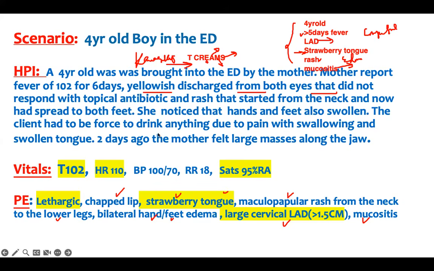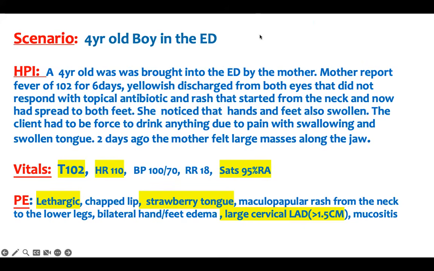That's why the kid has to be forced, and therefore has chapped lips. Because of that, the kid is tachycardic, slightly hypotensive, and dehydrated. And the fever of greater than 5 days is the diagnostic information. That is your content right there. Now that we broke it down, let's see what the question is asking us.